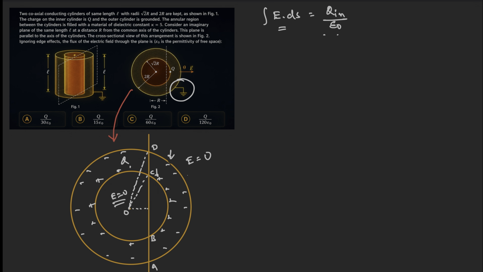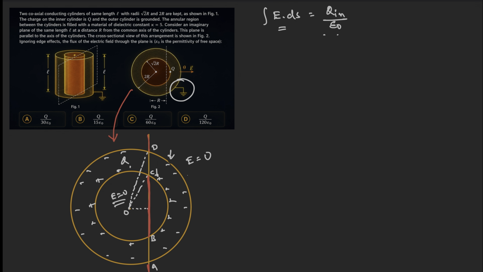So essentially we see that for the plane cutting through this entire setup, this particular region, let me switch to red, and this particular region are not under any electric field because these are outside. So those go to 0. There is no flux because of that region of the plane. If you notice the section of the plane which is inside this setup over here, the electric field here is 0 as well, because inside a conducting cylinder there is no electric field, so there could be no flux coming from here.